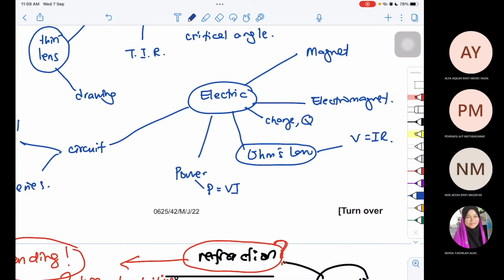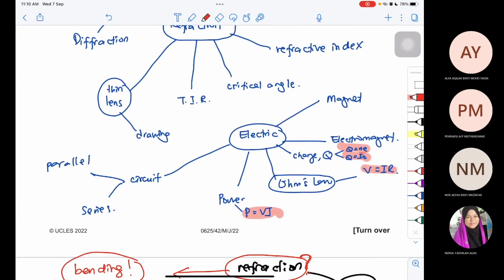So what's the formula for charge? Q equals to NE. Q equals to IT. So nampak this formula dah kena tahu by heart. Tahu dah bila nak guna. Okay, and then kita tak study sangat EMF, tapi adalah sikit soalan tadi sebut tentang EMF. So you see banyak topik-topik yang besar dalam tajuk elektrik.